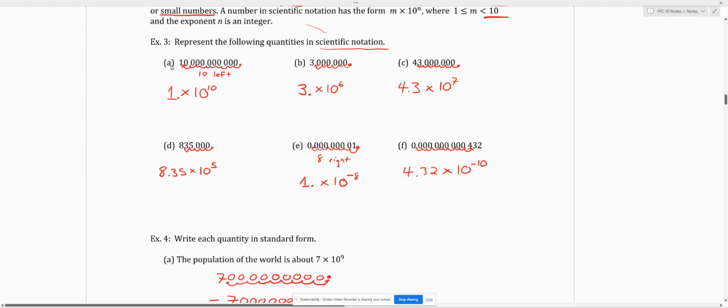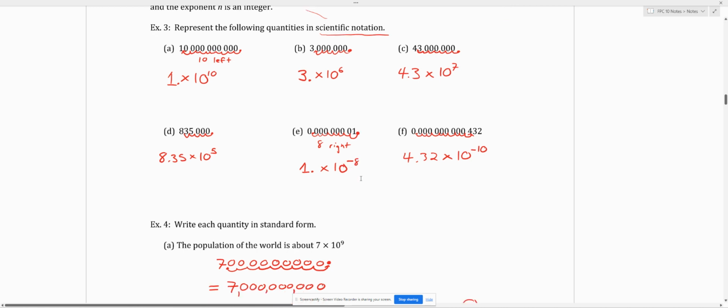So we could write really big numbers into scientific notation. They'd be shorter. And really tiny numbers into scientific notation. So the biggest thing to recall here is when we have big numbers, we have a positive exponent because we're multiplying by 10. And when we have really tiny numbers, we have a negative exponent, which represents division by 10, which makes them really small.